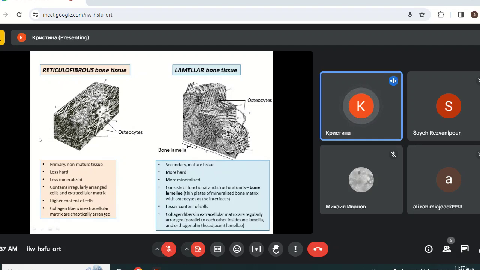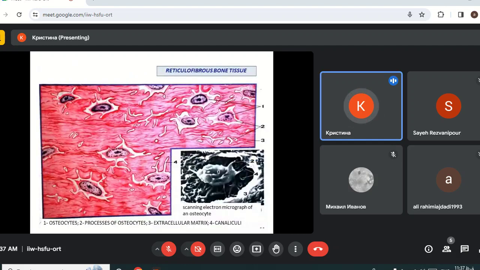Next, reticulofibrous bone tissue is less hard than lamellar. Lamellar one is harder. Why so? Because reticulofibrous bone tissue is less mineralized, and lamellar bone tissue is more mineralized if you compare it to reticulofibrous one. More mineralized means that it has a higher amount of calcium salts than reticulofibrous one.